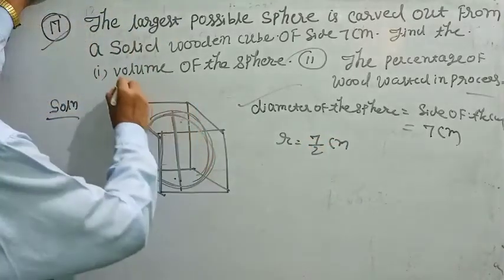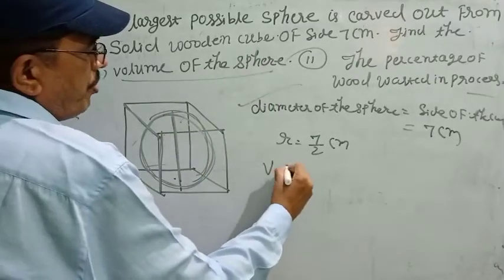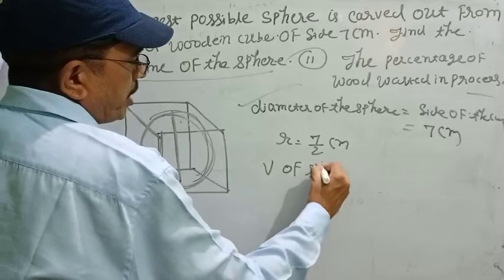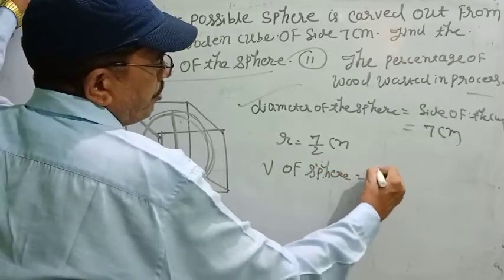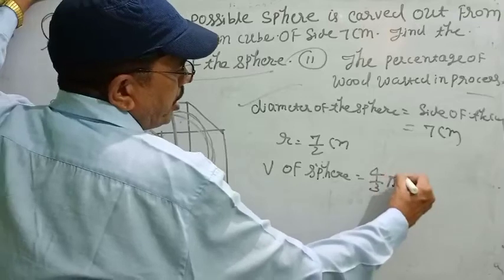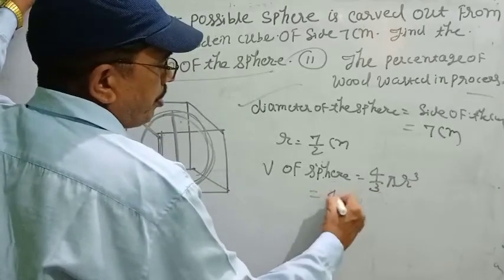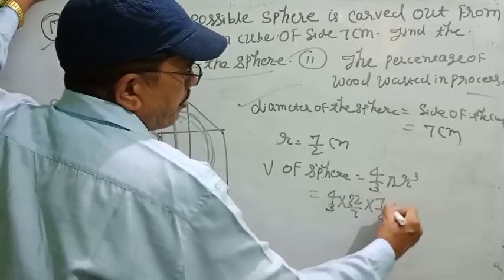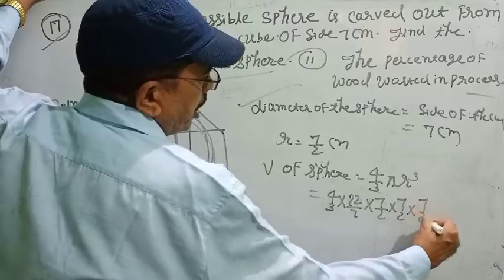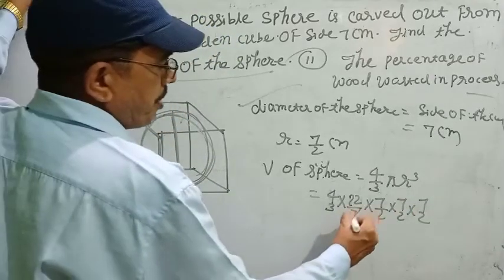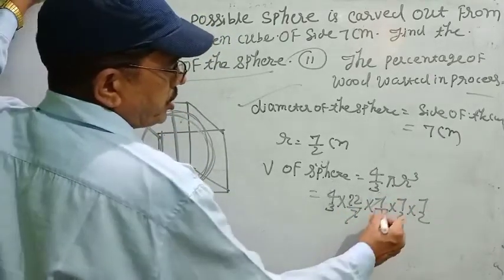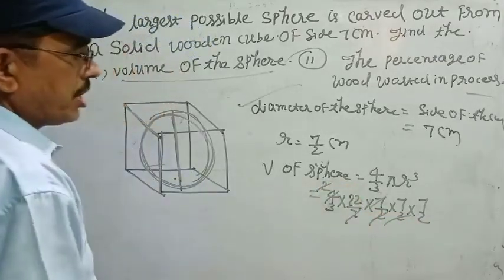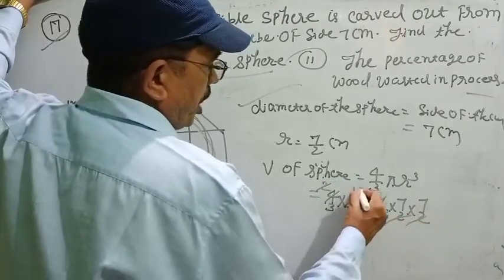Your question is, what is the volume of the sphere? The volume of a sphere is equal to 4 by 3 pi r cube, and here it is 4 by 3 into 22 by 7 into 7 by 2, 7 by 2 and 7 by 2. So the 7 and 7 cancel, 2 and 2 cancel, and 2 into 11 remains.